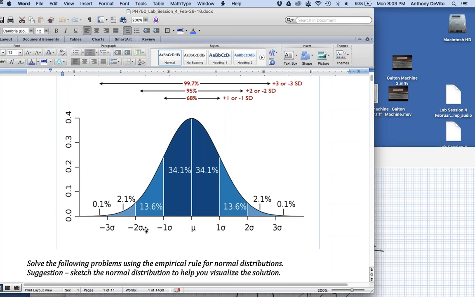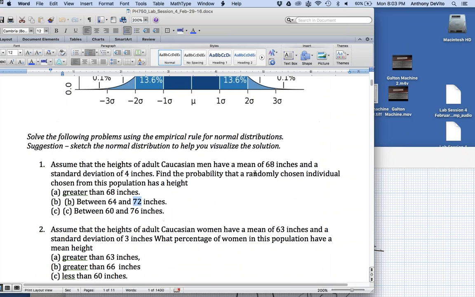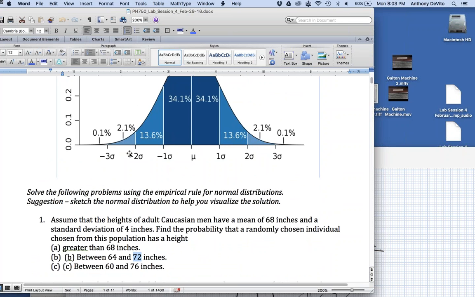In this case, 2 standard deviations below is 68 minus 8, which is 60. The percentage below 2 standard deviations below the mean is going to be 2.5%, right? Because 95% is between 60 and 2 standard deviations above, which would be 76. So that would leave 2.5% below and 2.5% above.